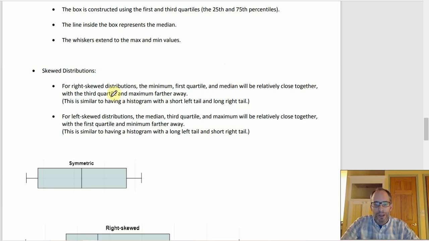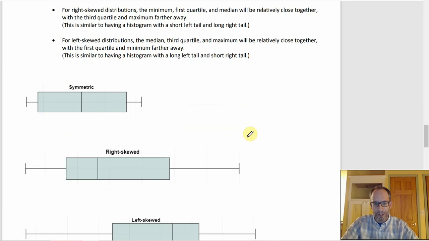The median, third quartile, and max, those three are stretched out, and then the left side is compressed or close together: the minimum, first quartile, and median. So there it is, one that's right skewed. The median is that line inside the box, and right there is the median.